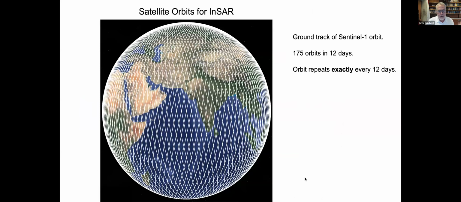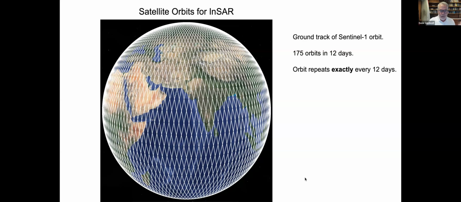So here is the ground track of a particular satellite called Sentinel-1. And all these SAR satellites are in similar types of orbits. They're at high inclination that we won't get into, but in other words, they cover most of the Earth, this one up to 80 degrees north. And they're in retrograde orbits.